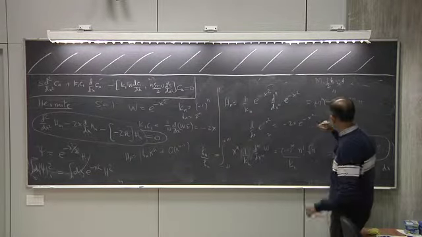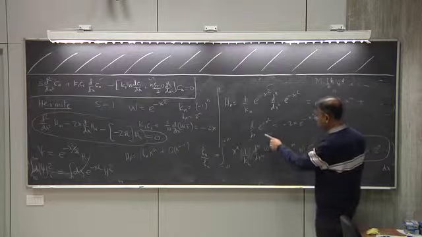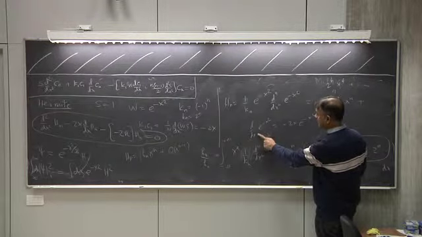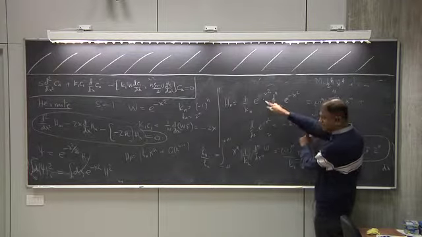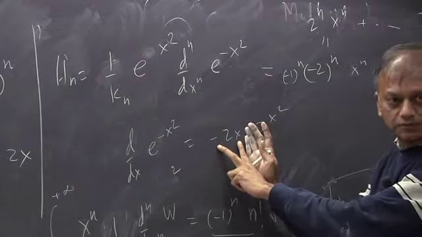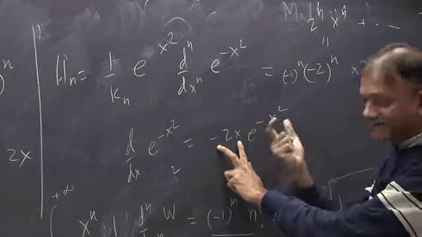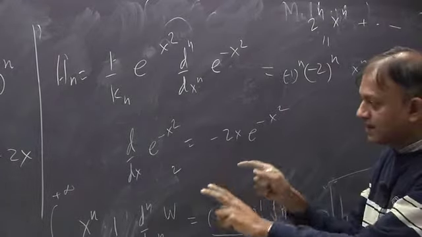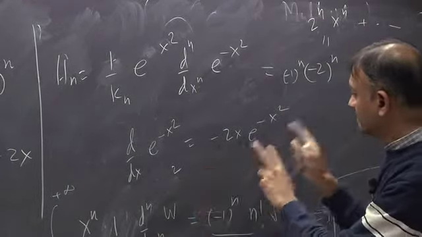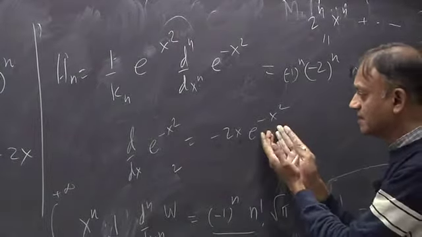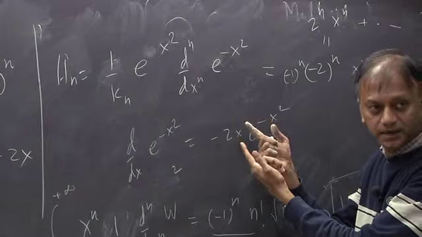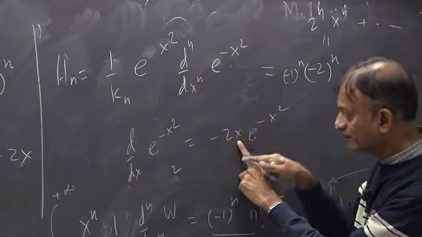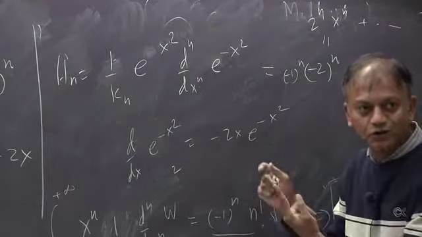Why is that so? If I take one derivative, I get simply this, then this will cancel with e to the x square. So what is left over is an odd polynomial which is only x, not constant. If you take one more derivative, there are two possibilities. The derivative hits here, which will bring down 2x, so it gives you x square term, or it acts here, which will reduce the degree by 1, that will give you a constant.